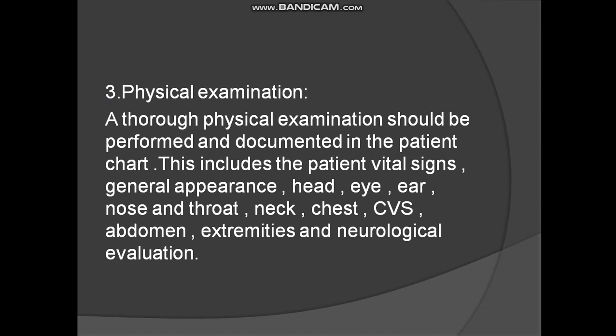You might have seen it system wise. This includes patient vital signs, general appearance, head, eye, ear, nose and throat, neck, chest, CVS, abdomen, extremities, and neurological evaluation, system wise evaluation. It is the physical exam. After examining the patient, the doctor will write the findings for all the systems.